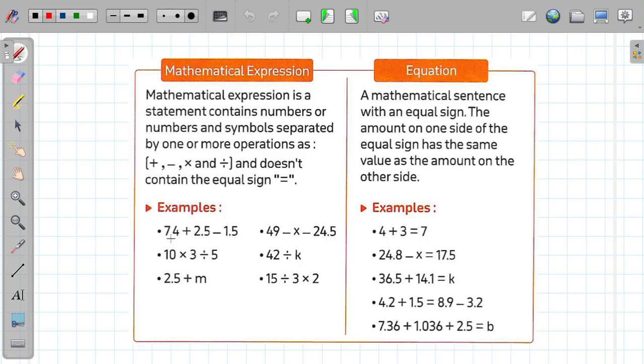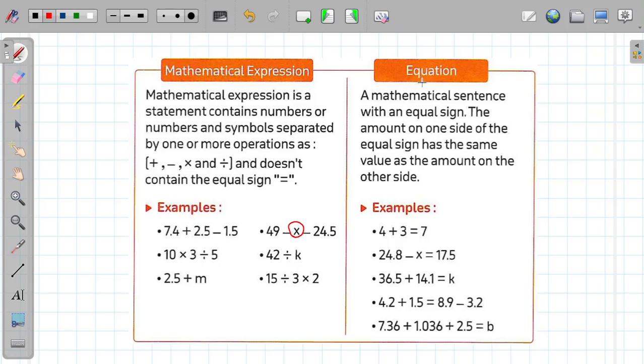Like if I have 7.4 plus 2.5 minus 1.5, this is a mathematical expression and I don't have an equal sign. All of these are just expressions. I can write it just with numbers or with numbers and variables, like 49 minus x minus 24.5. So I have here a variable x, so I can call it an expression.